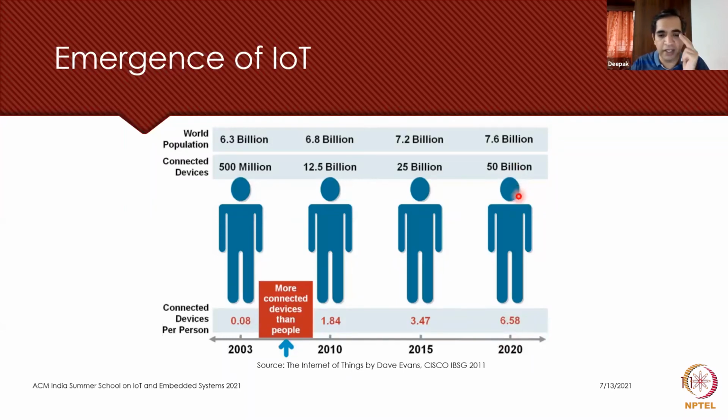So what does this mean? This means that now it's not just the user who is trying to connect to the cloud. From your previous lectures you would have understood this concept of IoT, right? IoT means anything can now be connected to the network.